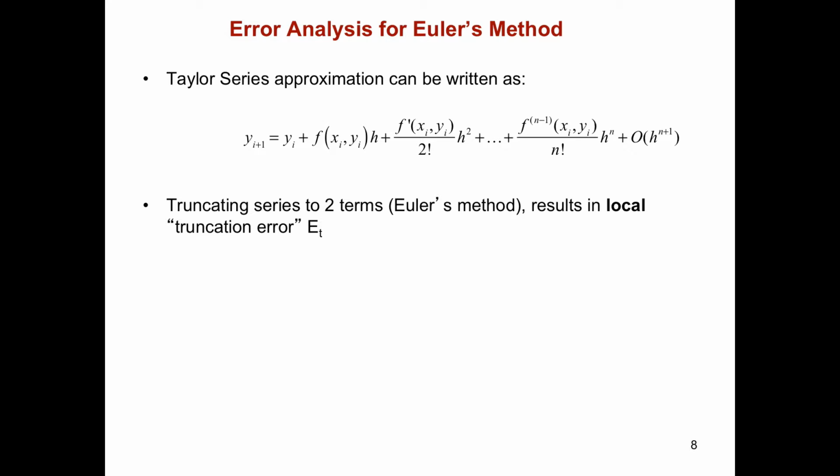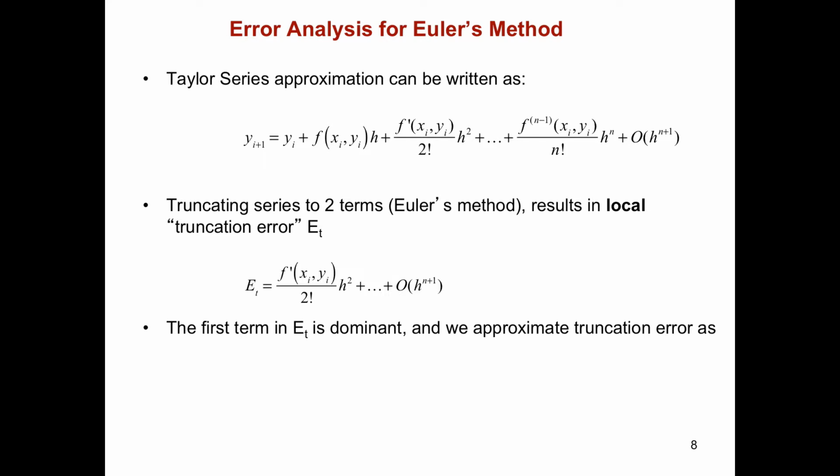Because for y_{i+2}, I'm using this computed y_{i+1}, which has error built in. And then I'm making, again, an error in truncating this series. So basically, there is some error propagation in there. You will have this first, so this is basically formally the term. Okay, this is the truncation error.